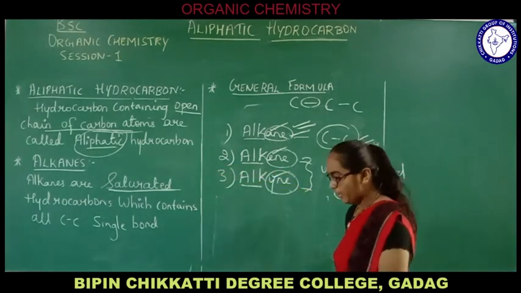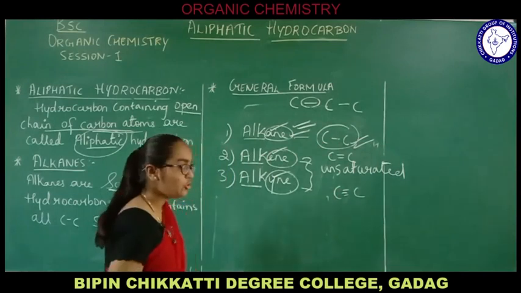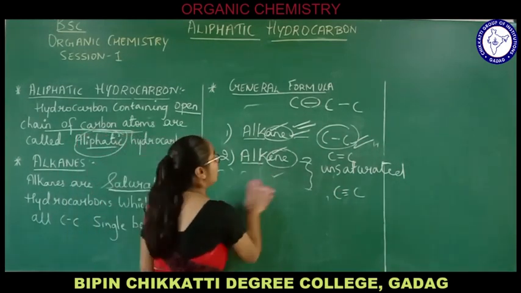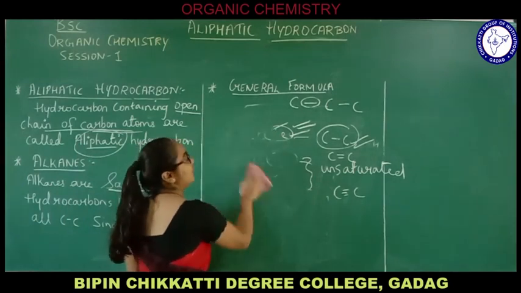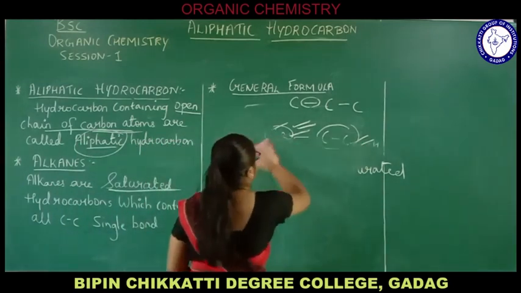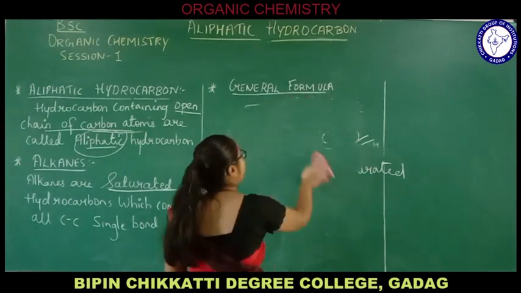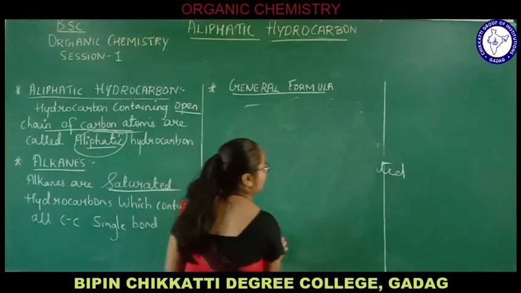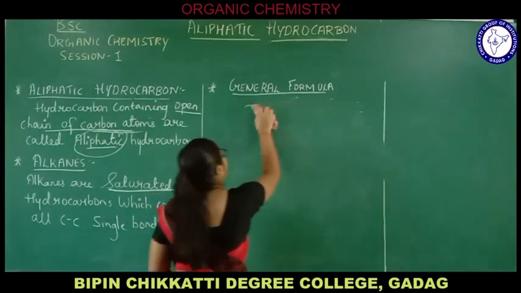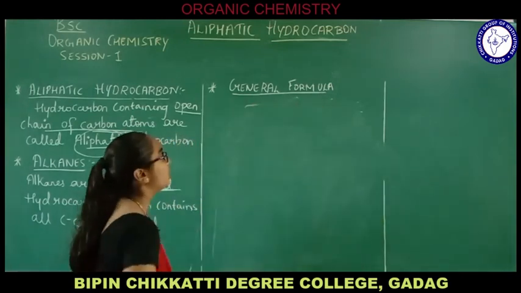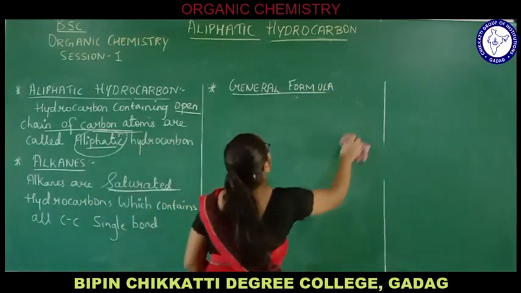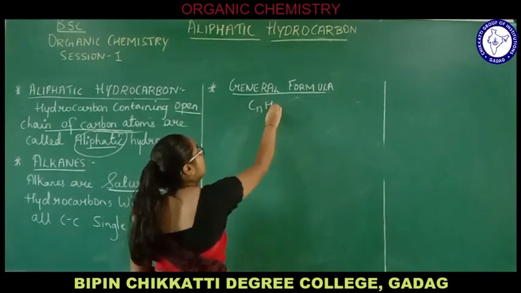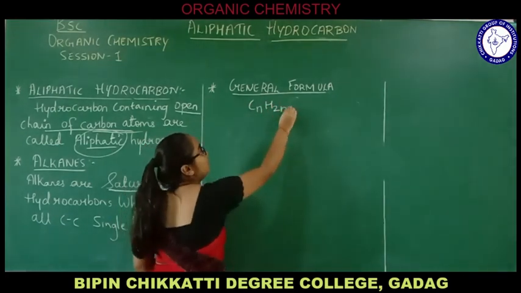Now if I want to talk about the alkane, you should know the general formula of the alkane, then we'll carry on to the members belonging to the alkane family. The general formula for the alkane is CnH2n plus 2.